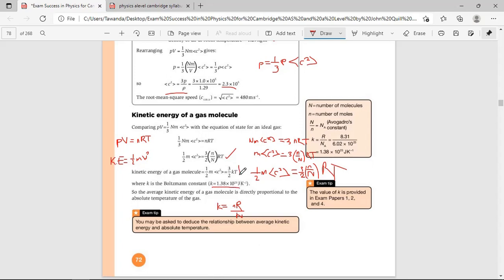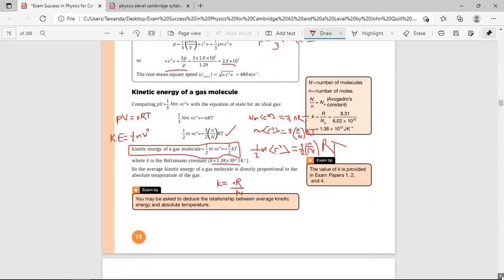So you can finally use this as the kinetic energy of a gas molecule: 3/2 Boltzmann constant times the temperature of the molecule when it is moving at that speed.